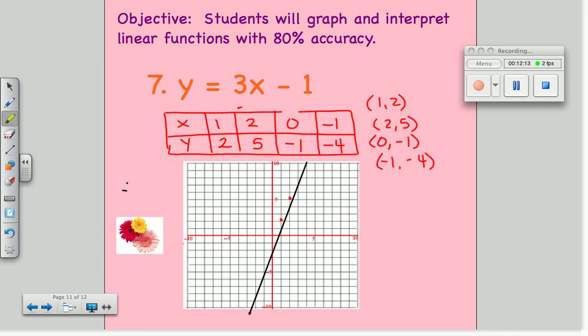Looks like my line is off a little bit. 0, negative 1, and negative 1, negative 4, 2, 3, 4. So my line is just off a little bit, so let's see if we can take my line and change it a little bit.